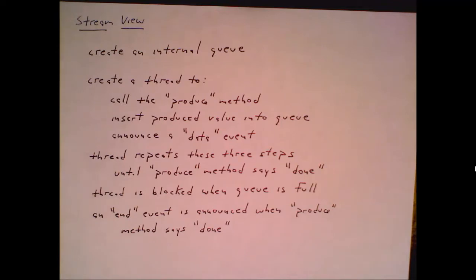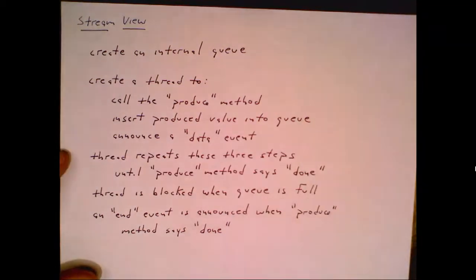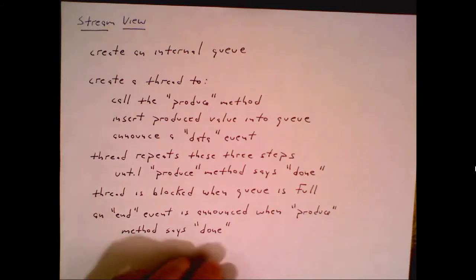The thread would be blocked when a queue is full, and an end event would be announced when the produce method says it's done. Okay, so the stream definition would introduce the concurrency through having a separate thread to produce data, and it would also generate events so that the consumer its handlers could be run as the data is produced.